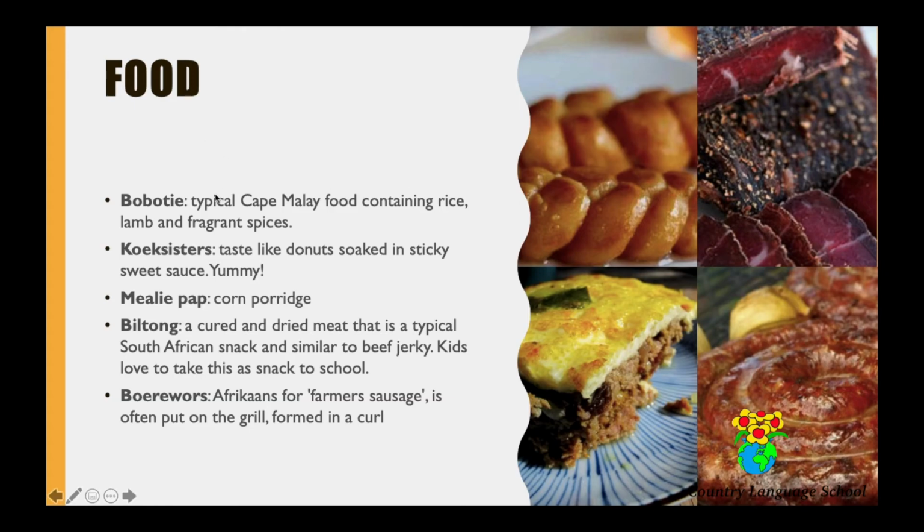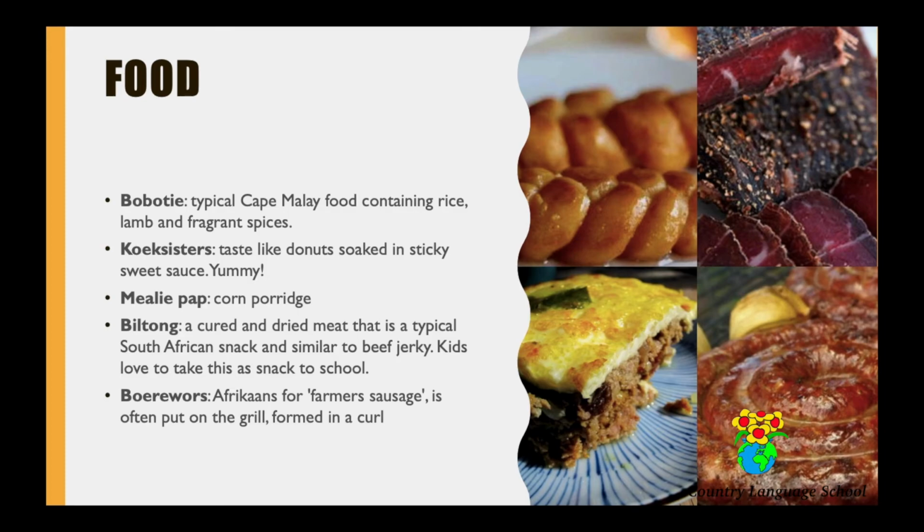In the pictures here, you can see some of the typical foods of South African people. Bobotie is a typical Cape Malay food containing rice, lamb, and fragrant spices. Then there are koeksisters, which taste like donuts soaked in sticky sweet sauce. Mealie pap, which is corn porridge, as I told you before.